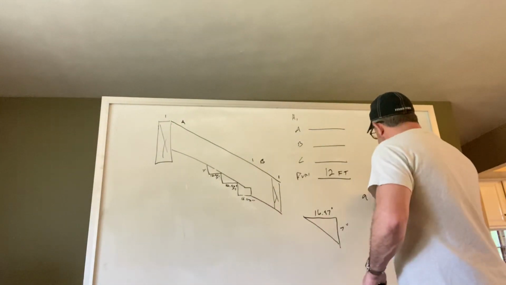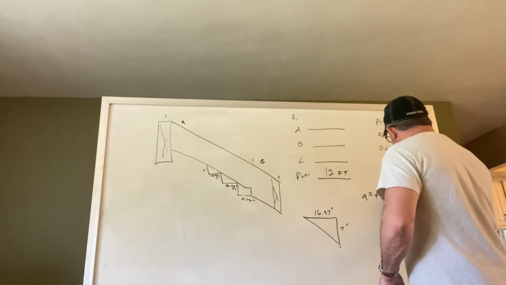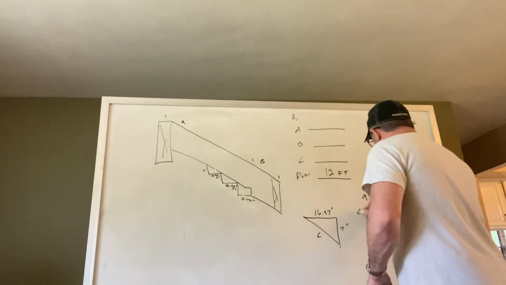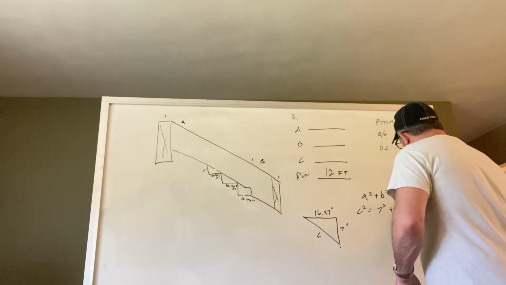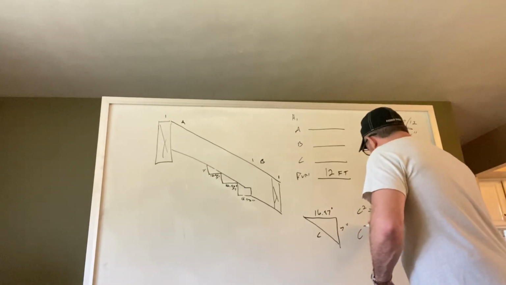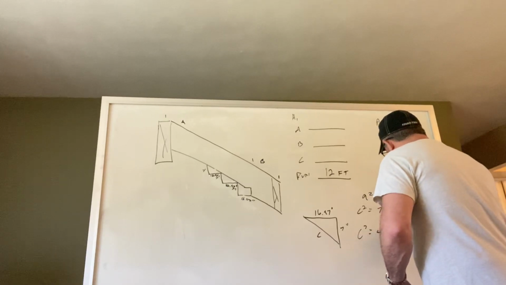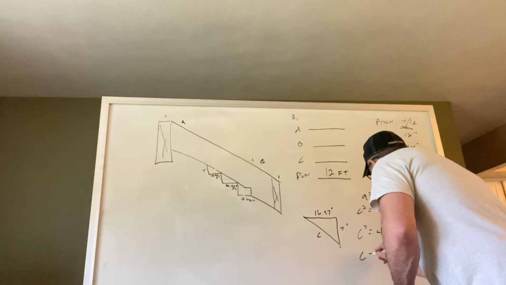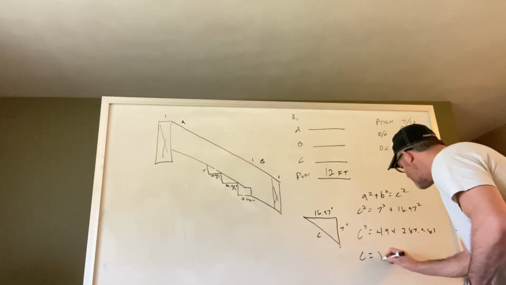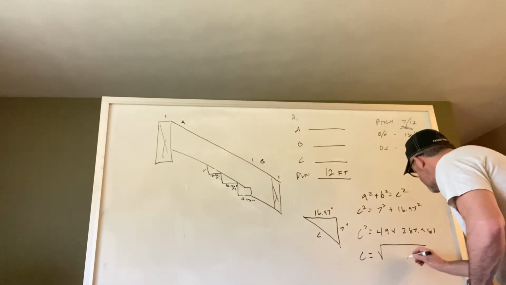So A squared plus B squared equals C squared. So C squared equals 7 squared plus 16.97 squared. So C squared equals 49 plus 287.981. And it's only because I've done it a million times that I have that number memorized.